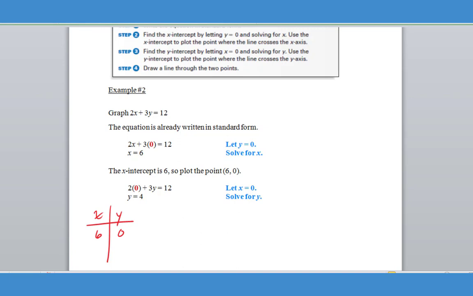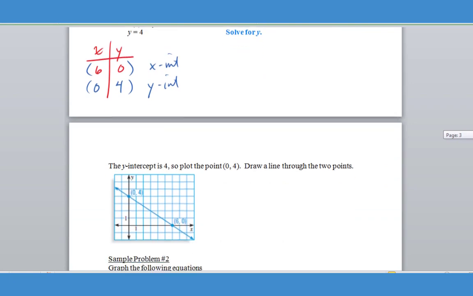And then of course I can do the opposite side of that process. I can plug in a 0 for the x, and that gives me a y of 4. That's going to give me an x-intercept and a y-intercept. All I would have to do is plot those 2 points and draw the line. That would be a very easy way for us to do this.